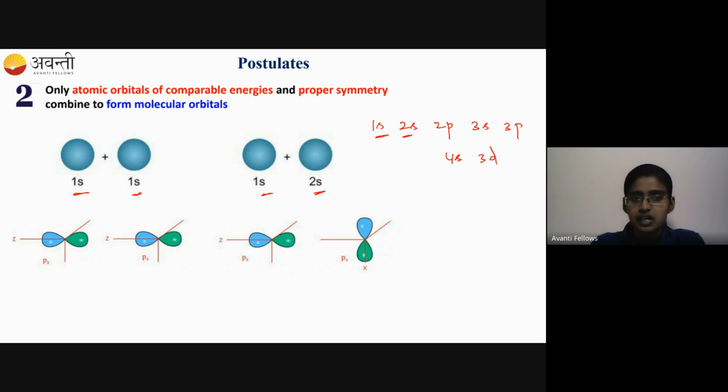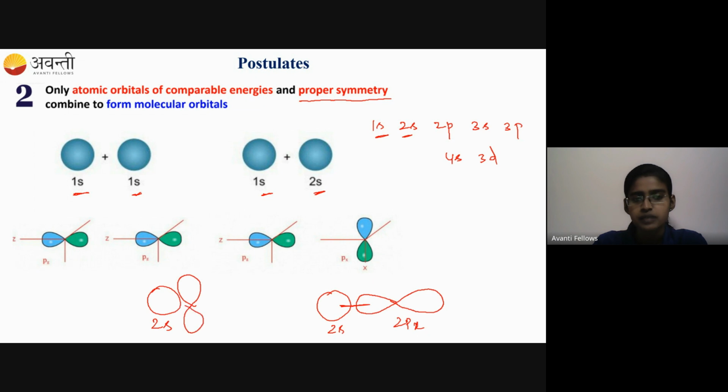And the symmetry also should be proper. If the 2s orbital is like this, we should use the p orbital which is along this axis, because then only they can combine with each other. Let me take this as 2px. If you are taking 2s and putting 2py like this next to it, it will not combine because the symmetry is not proper.